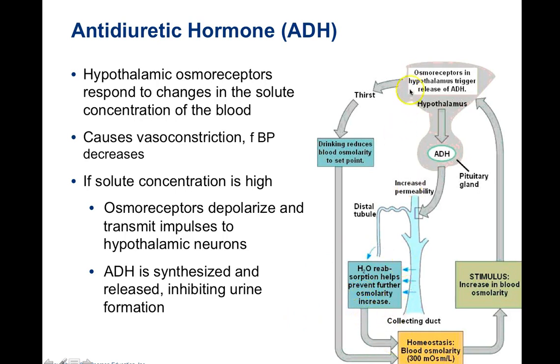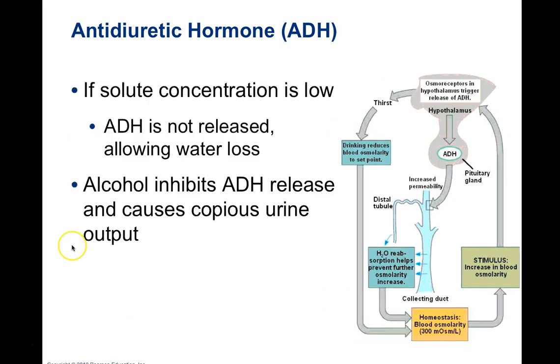Now, if we go back up here, these osmoreceptors in our hypothalamus are also going to trigger thirst. When we are thirsty, we will drink more water, hopefully, and that will reduce the blood osmolality to our set point. Now, what happens if our solute concentration within our blood is low? An example of this would be when we are overhydrated.